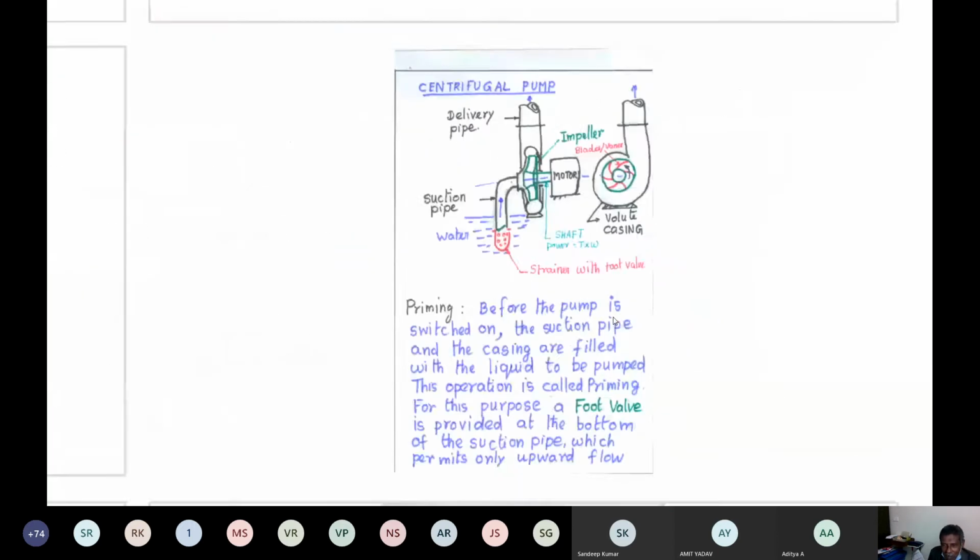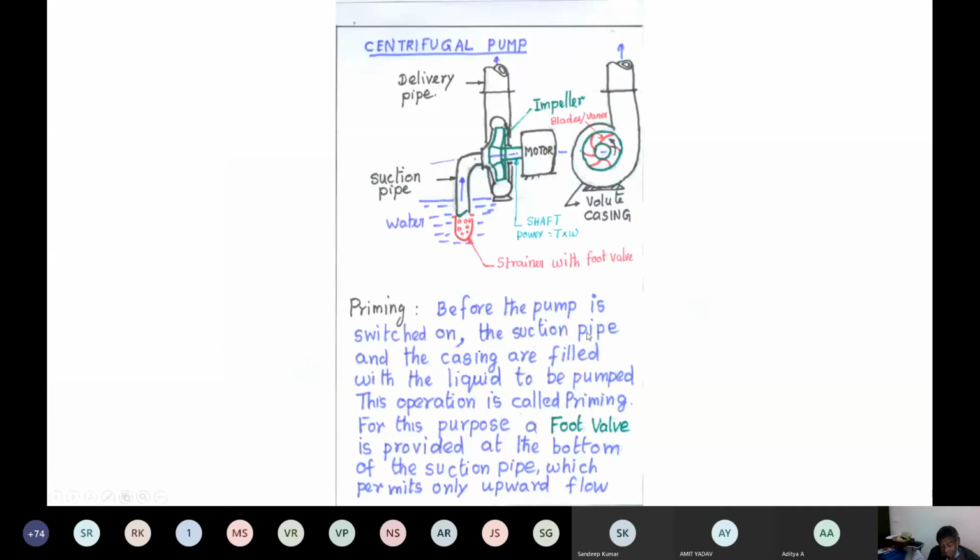So next one is the real important thing. We are trying to derive the Euler turbomachinery equation. For that, I've selected the centrifugal pump, which definitely you would have seen in the fluid machines laboratory, though you might not have seen the impeller or inside of the casing and all those things.